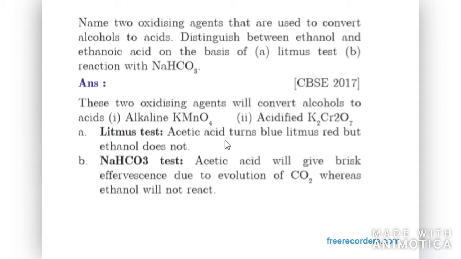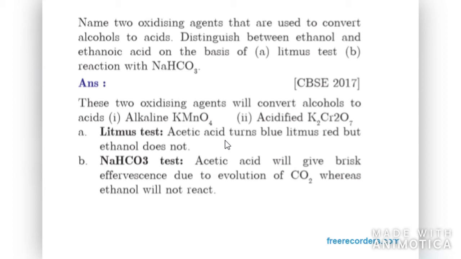In the second one, it says distinguish between ethanol and ethanoic acid on the basis of litmus test and reaction with NaHCO3, that is sodium hydrogen carbonate. So the litmus test: ethanoic acid turns blue litmus red, but ethanol does not. Why? Because it is not an acid or base.